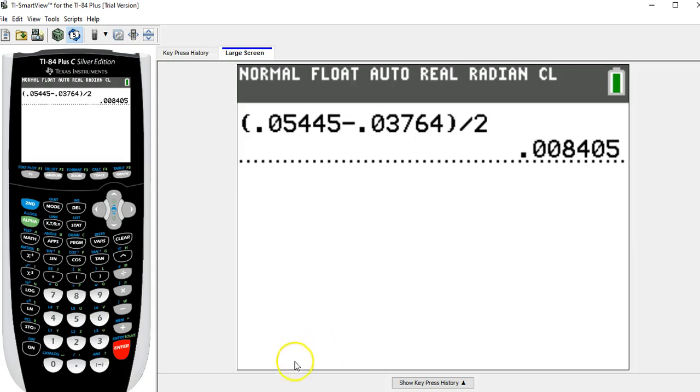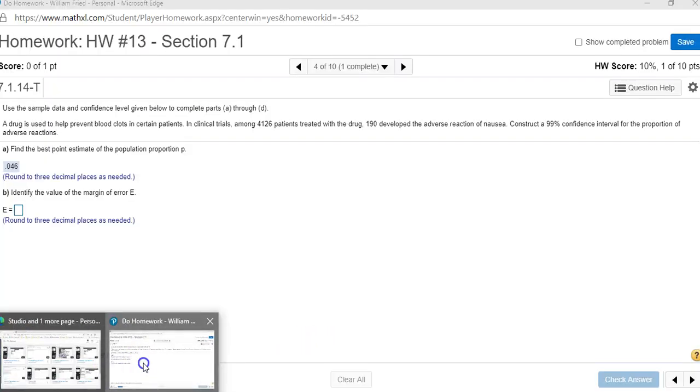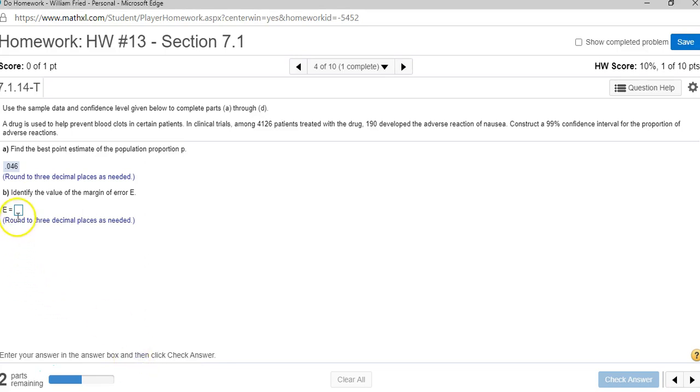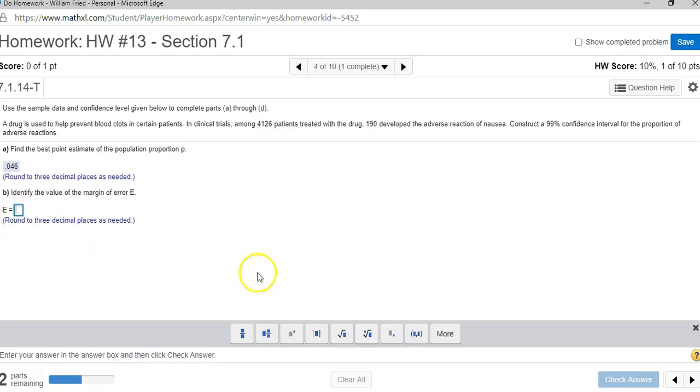Let me go back to fill in the answer. How many to 3 decimal places? 0.008.